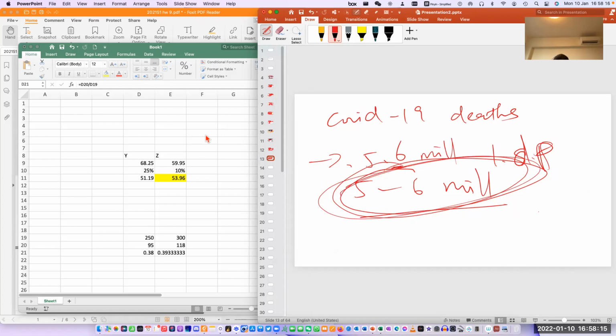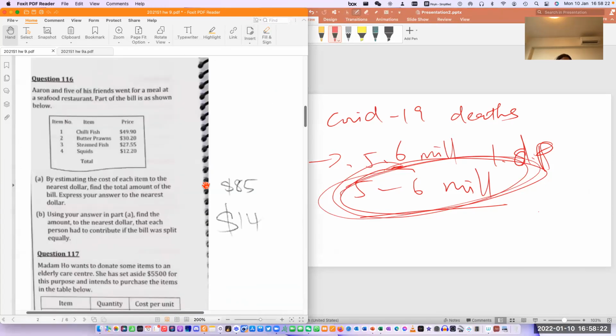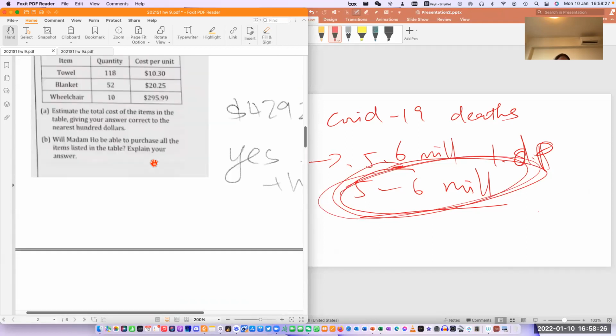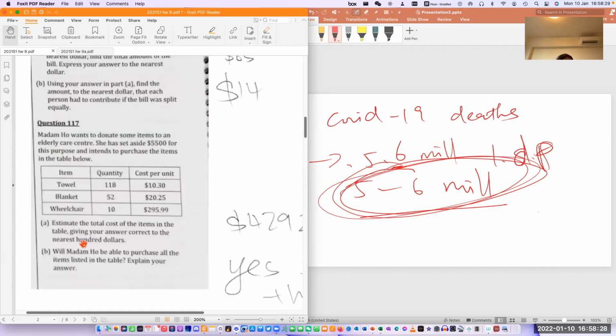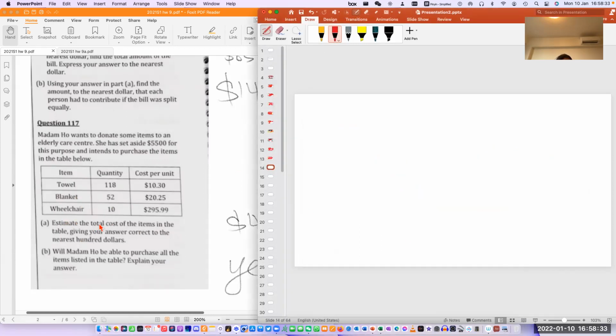Good. So I hope you understand why we want to learn estimation. Over here I will just pick one of the two to talk about, probably this 117. Over here you have this, and then you estimate the cost.